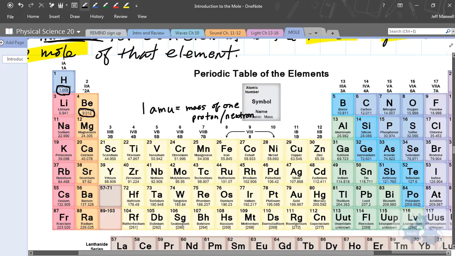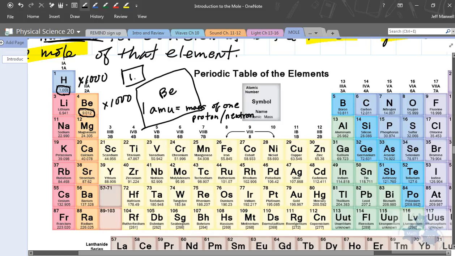If I had 1,000 atoms of each, whatever the sample, the beryllium would still be about 9 times as large. You see that? What if I had lots, more and more, but the same amount of each?